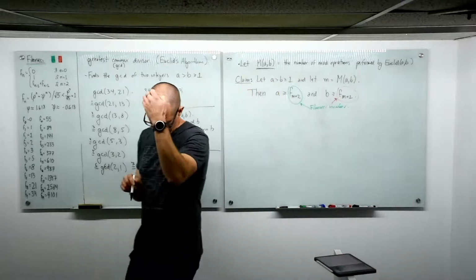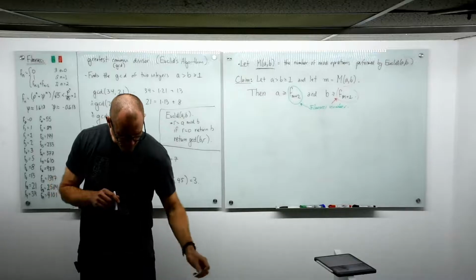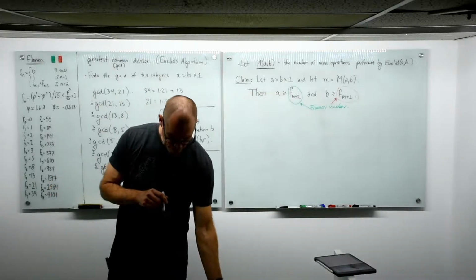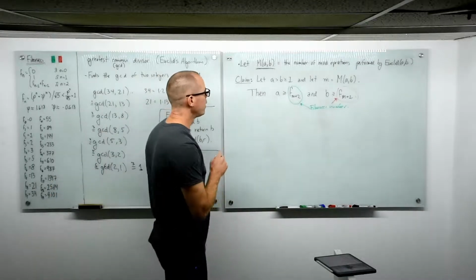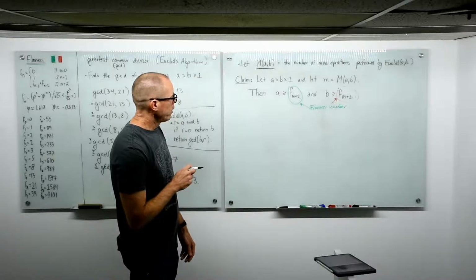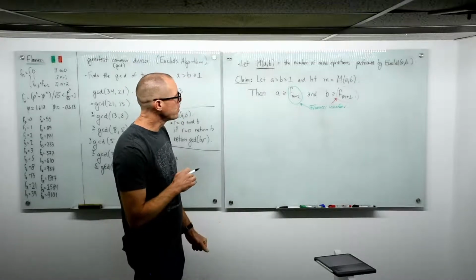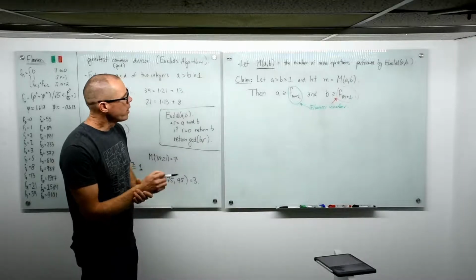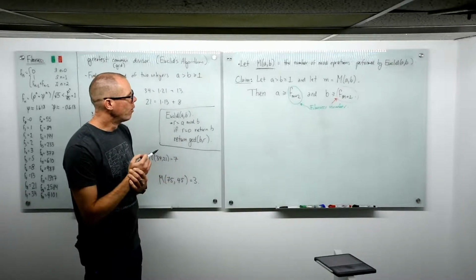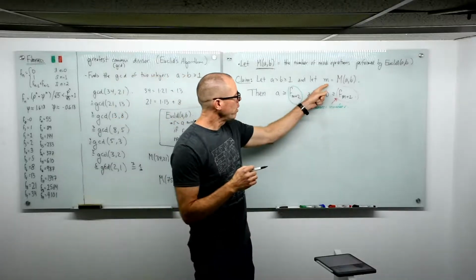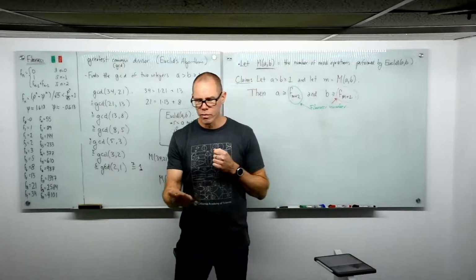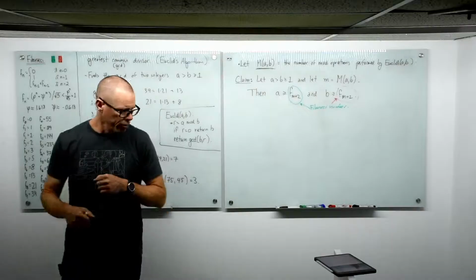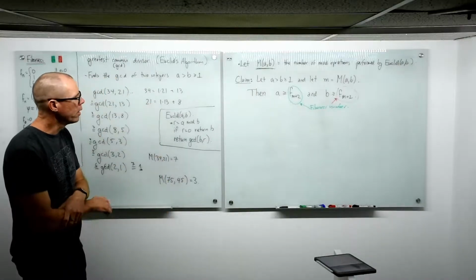So how in the world does one prove something like this? Well, it's a recurrence, so it seems natural that we're going to do induction on something. And we have somehow this number m, which is counting the number of recursive steps, basically.